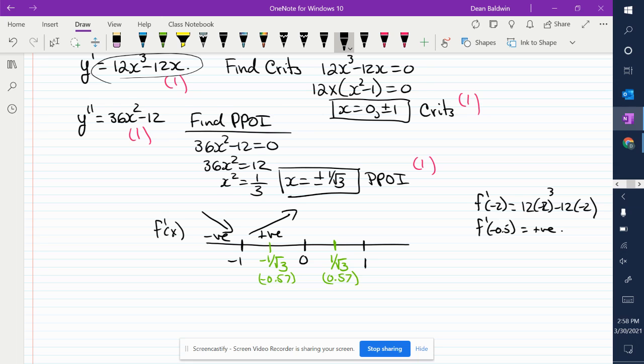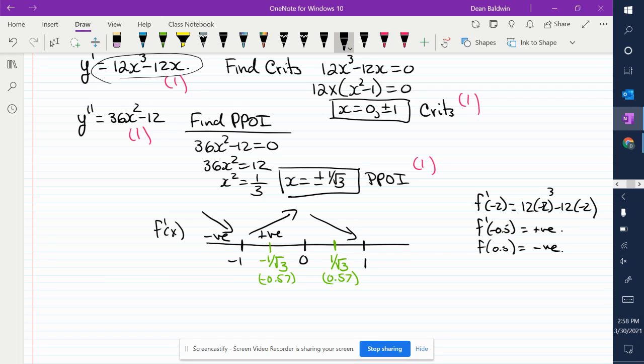What's my next interval? Positive 0.5. It's right in here. So if I go f prime of 0.5, I get negative.